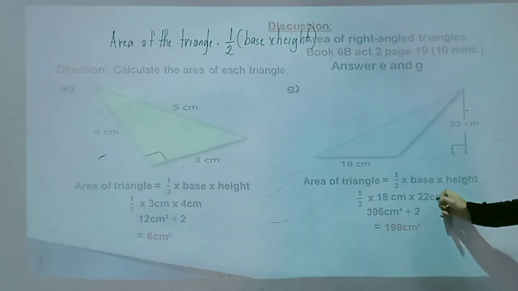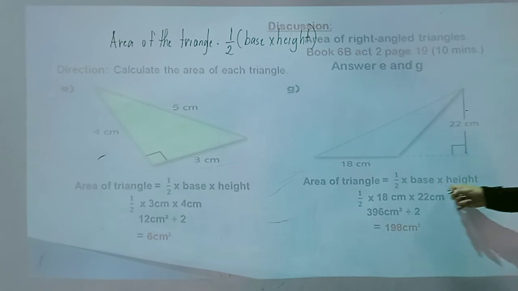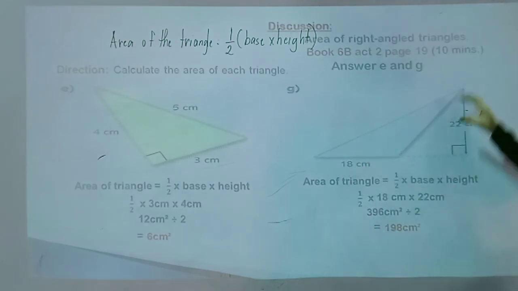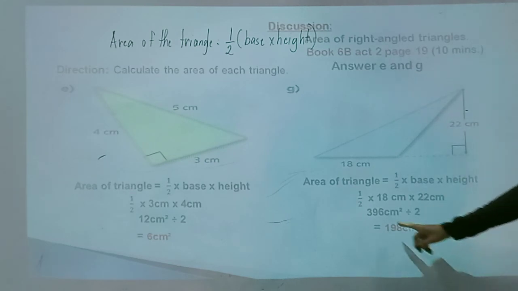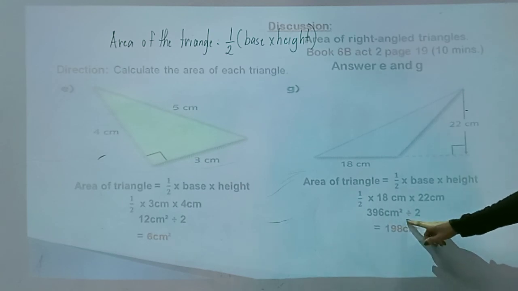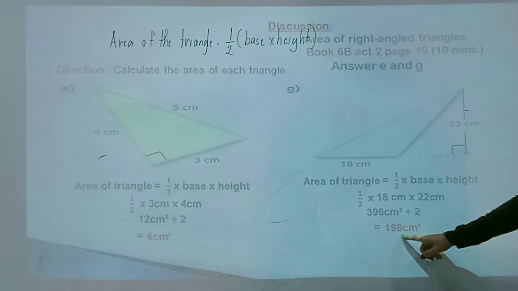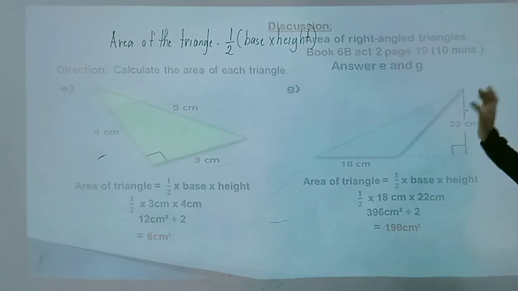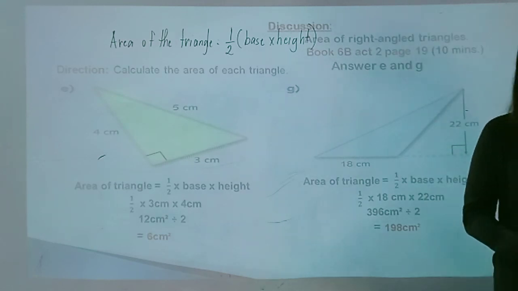Okay, and letter G, this is the answer. 1/2 times base times the height. So the base is 18 centimeter and the height is 22 centimeter. If we are going to multiply 18 times 22, it will give us 396 centimeter squared divided by 2. So it will give us 198 centimeter squared. Okay, class? So these are the answers for E and G.